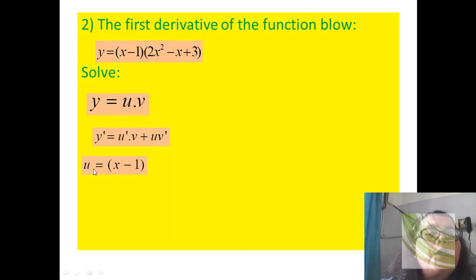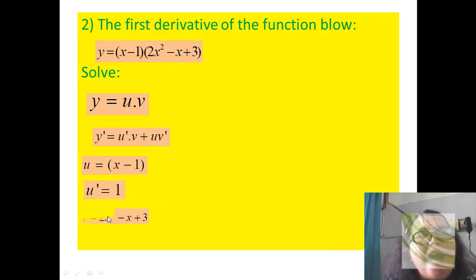Let u equal h minus 1. Then u prime is 1. And v equals 2h squared minus h plus 3, so v prime, the first derivative, equals 4h minus 1.